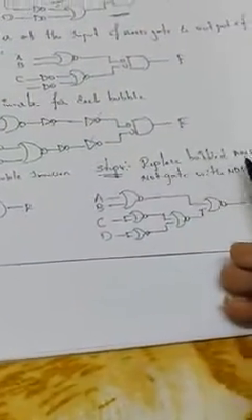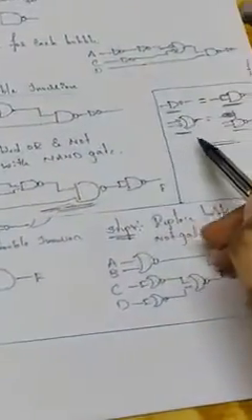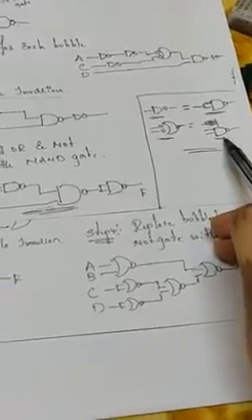Now step 4, replace the bubbled AND gate and NOT gate with a NOR gate. In the previous problem it was replace the bubbled OR gate; here replace the bubbled AND gate. Look here, a bubbled OR gate is similar to a NAND gate.